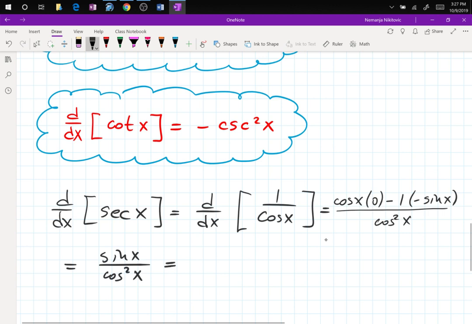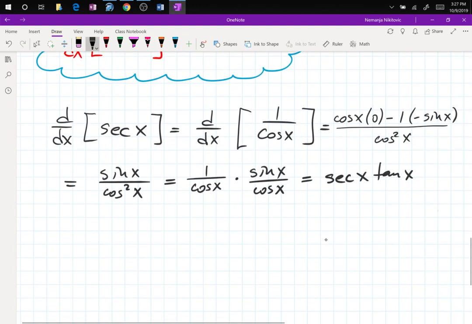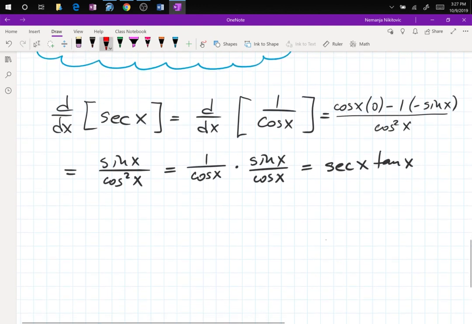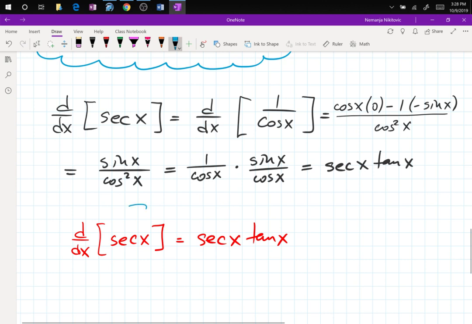You separate these into 1 over cosine x times sine x over cosine x to get secant x tangent x, which gives us a formula. The derivative of secant x is secant x tangent x, and then we put the cloud.